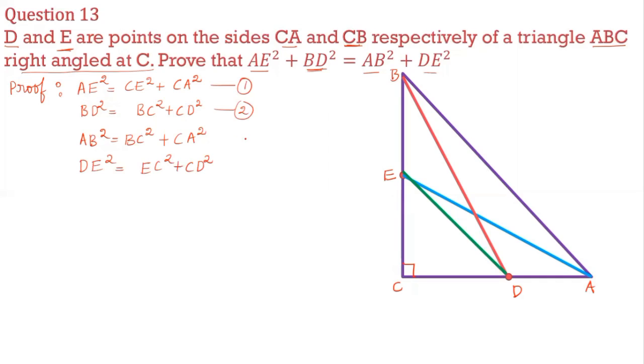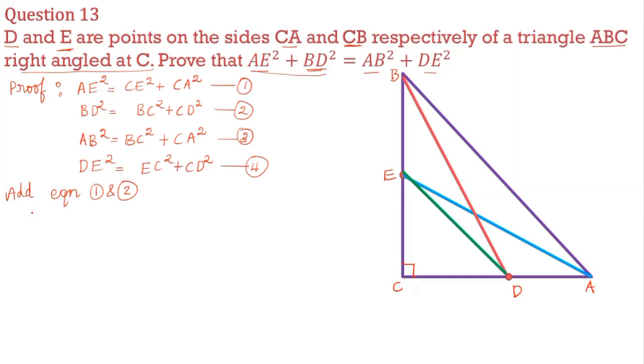So DE square is equal to DC square plus CE square. Now take these equations as equation 1, 2, 3 and 4. Now to prove AE square plus BD square is equal to AB square plus DE square.